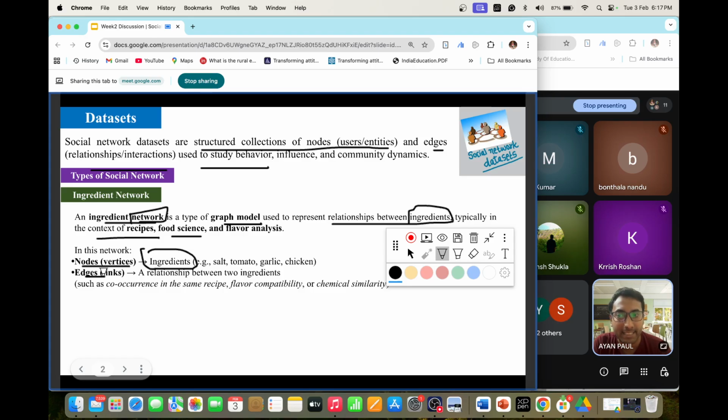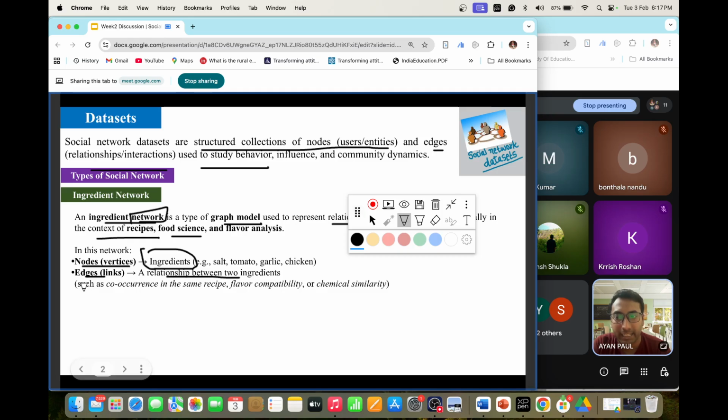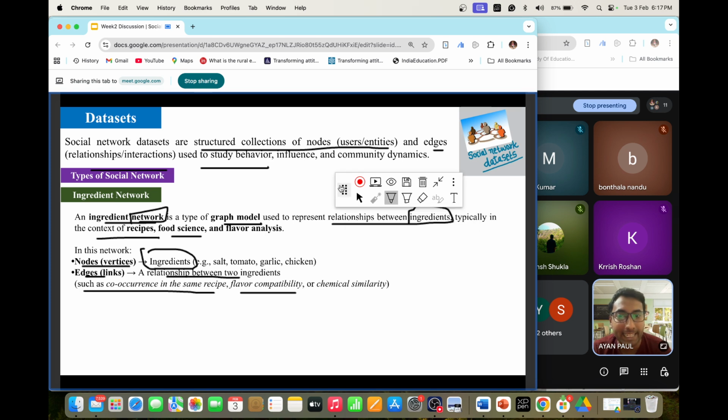Edges will be a relationship between two ingredients, such as co-occurrence in the same recipe, flavor compatibility, or chemical similarity. By this, the ingredients will link with each other, and our first network will be formed, known as the ingredient network.